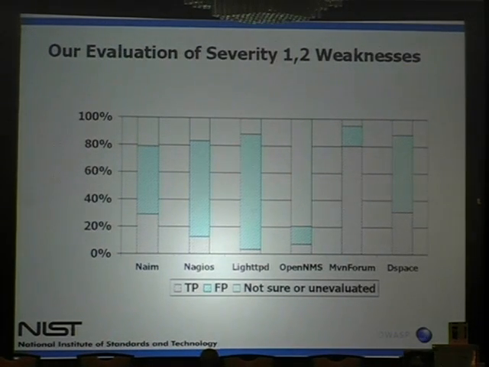I just want to suggest that, for example, for Lighty, there were a lot of false positives, but Lighty uses its own memory management routines, and they are fairly sophisticated, and the tools were confused. It was confusing to us to analyze the tool reports as well, because this is a fairly complex analysis.